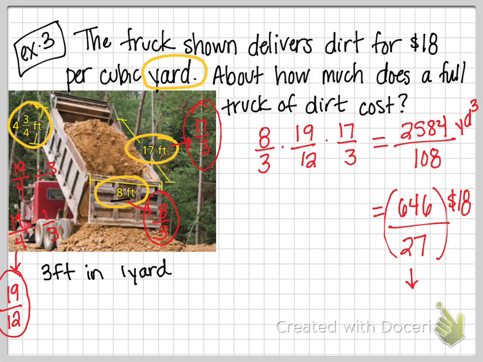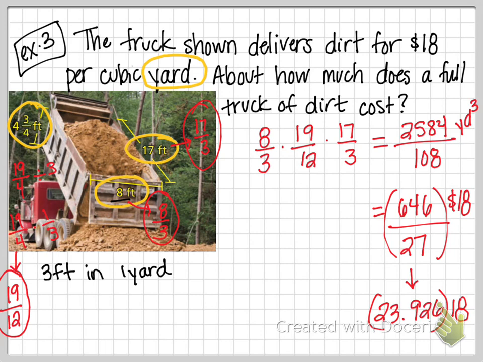It's going to be 6.46. No, what's 646 divided by 27, you guys? Okay, 646 divided by 27. If we get this into a decimal, 23.926-ish. And we're multiplying that by 18.